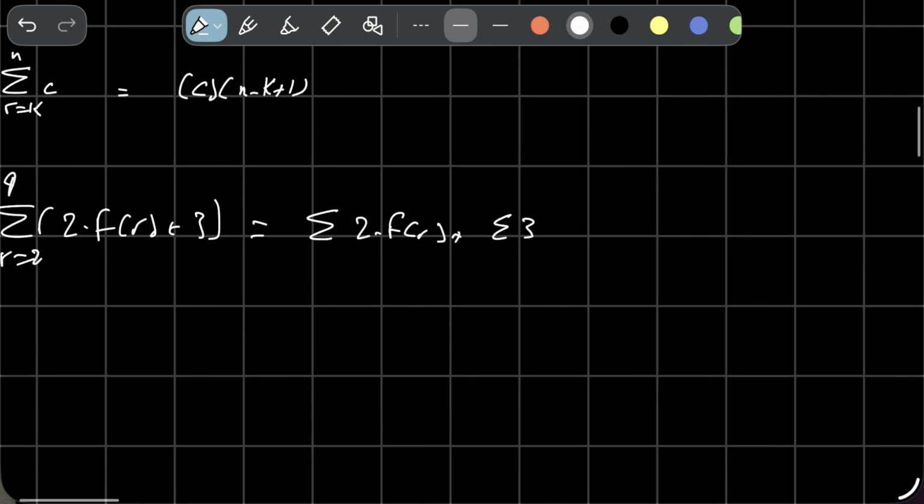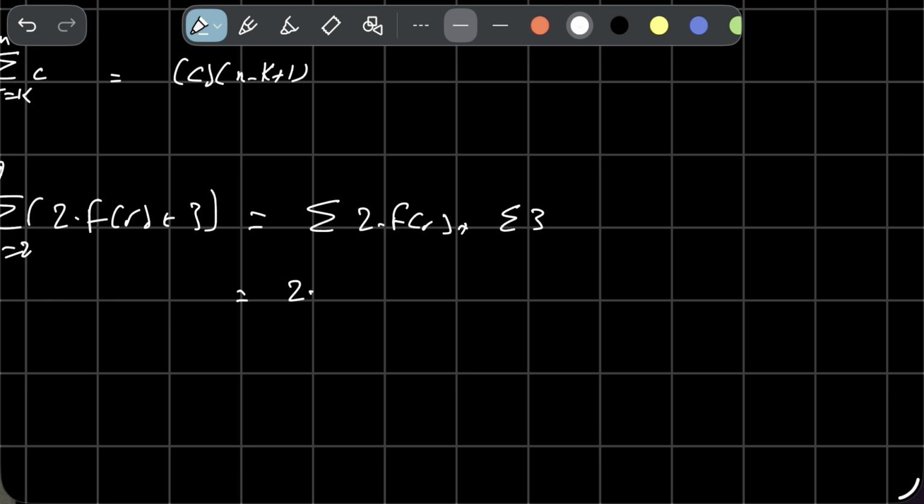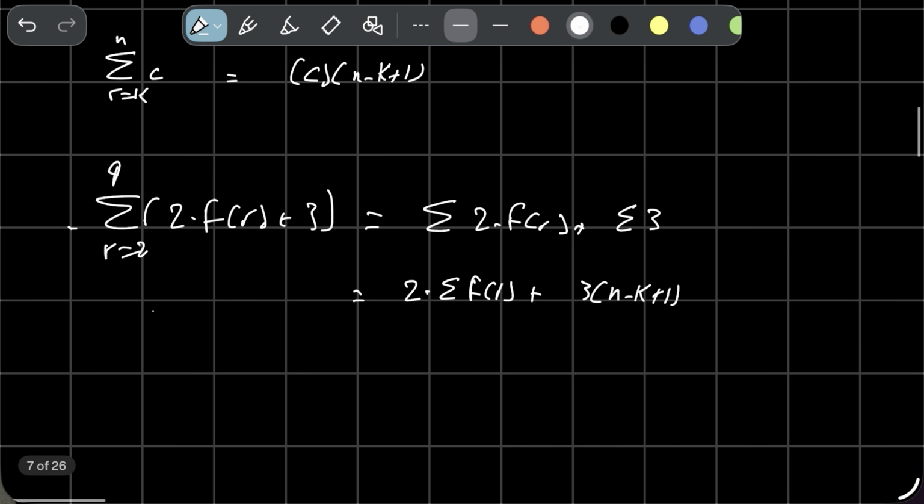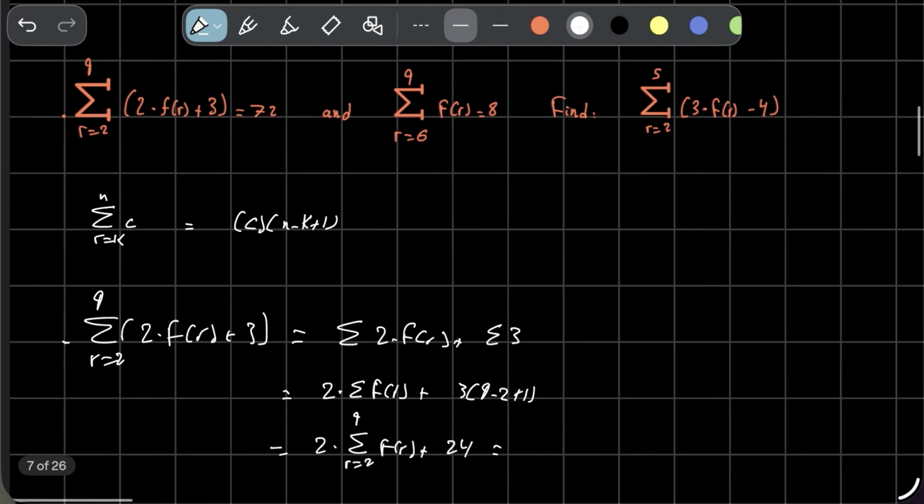Now this sigma 2 fr is basically 2 times sigma fr, and sigma 3 is basically 3 times n minus k plus 1, where n is 9 and k is 2. So it's 2 times sigma r equals 2 to 9 of fr plus 3 times 8, which is 24, equals 72.